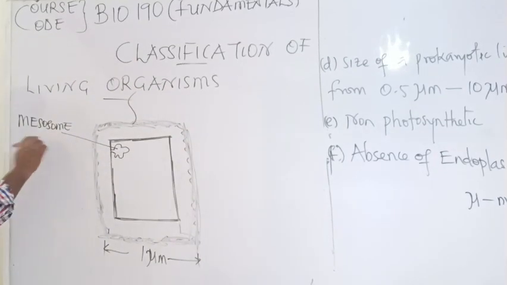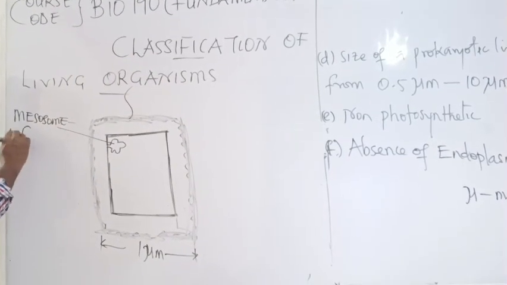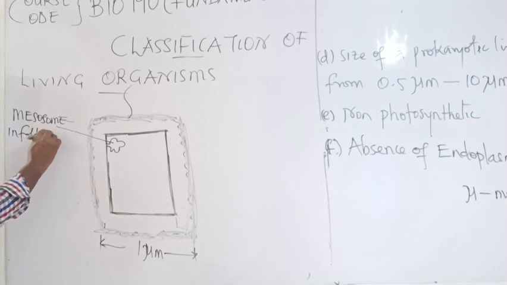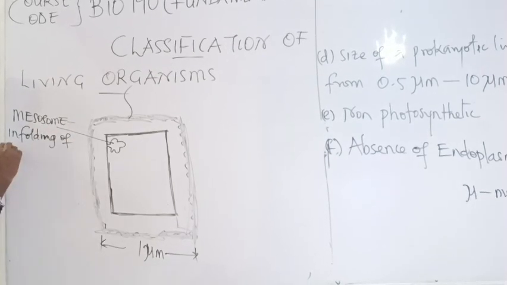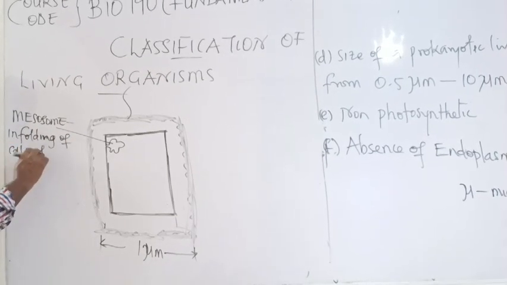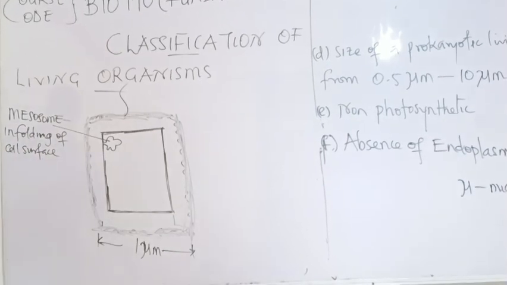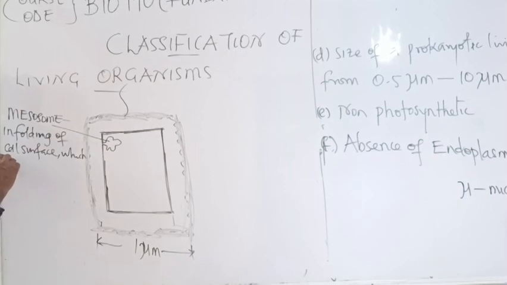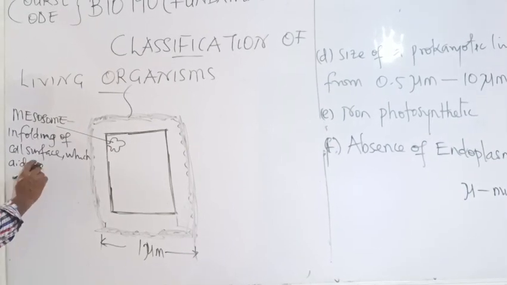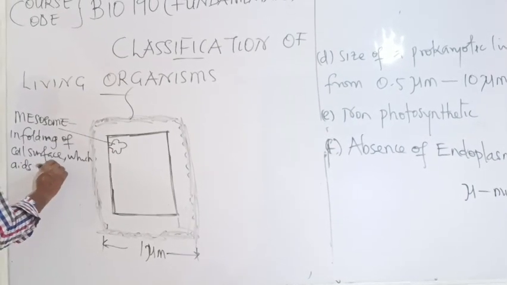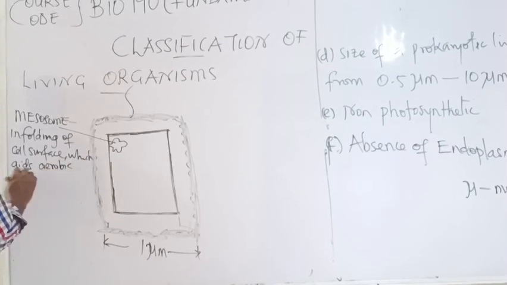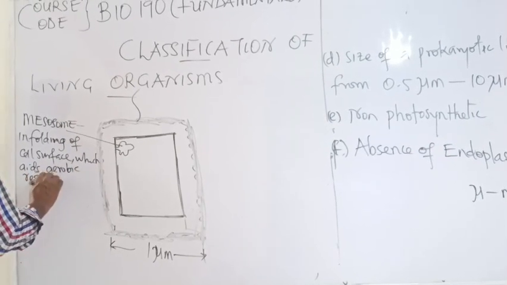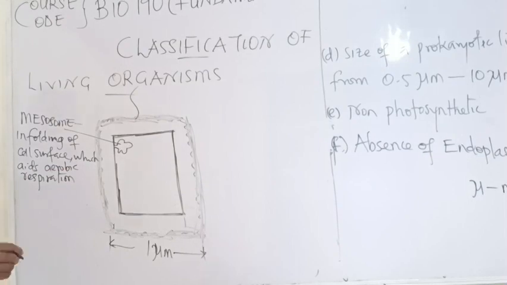The mesosome is simply the infolding of the cell surface, which aids aerobic respiration.